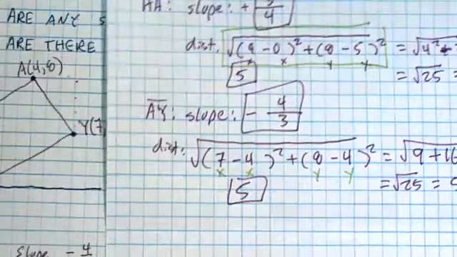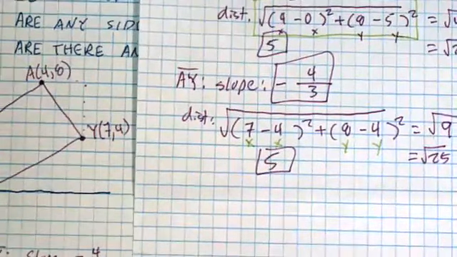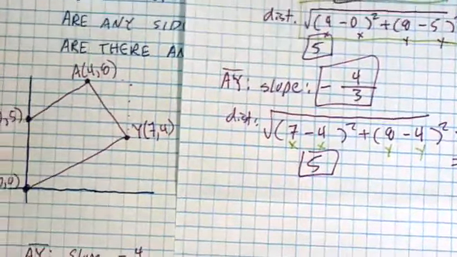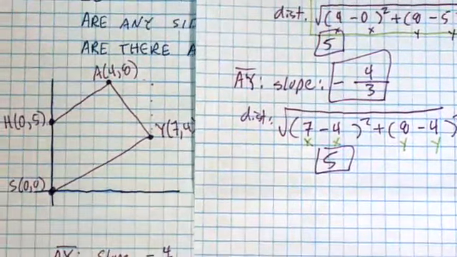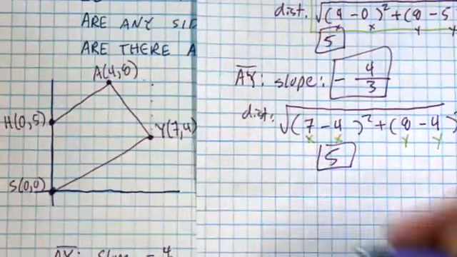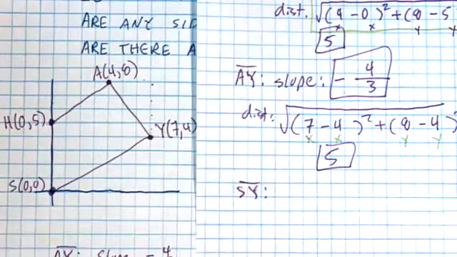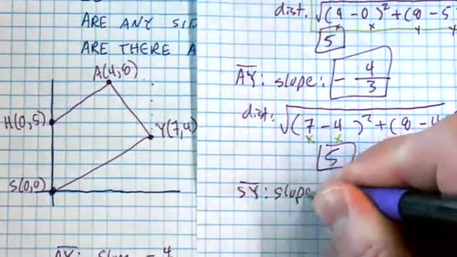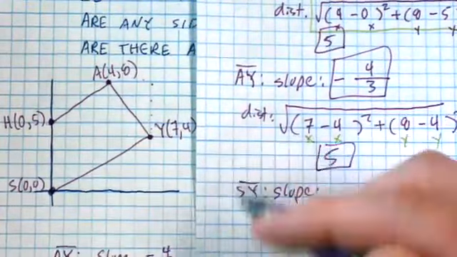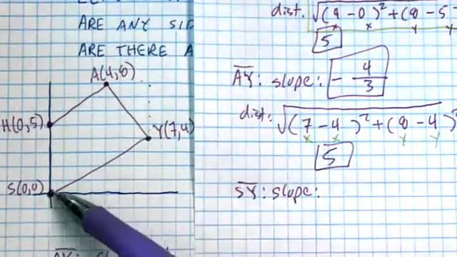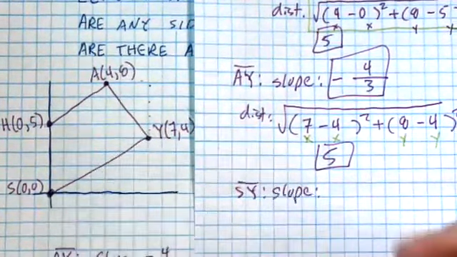All right, we've got one more segment to go. We've done SH, HA, and AY. We need to do SY now. From S to Y, as I'm walking from left to right, that's going uphill, so it's a positive slope.